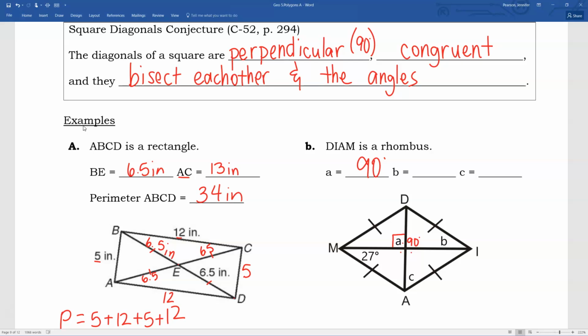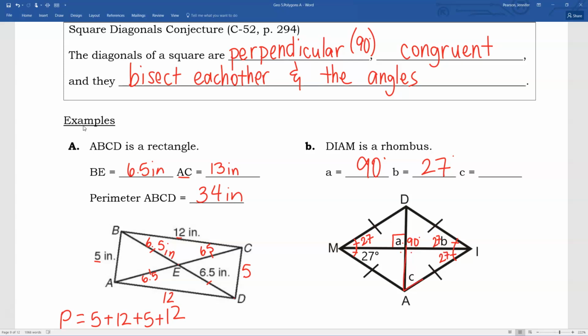Angle B, we're going to talk about how our opposite angles are the same. So this angle here is the same as this angle here. And that tells us that B will be 27. Now, because all of those are 27s, that's going to help us figure out C, because we're going to remember our rule for triangles.